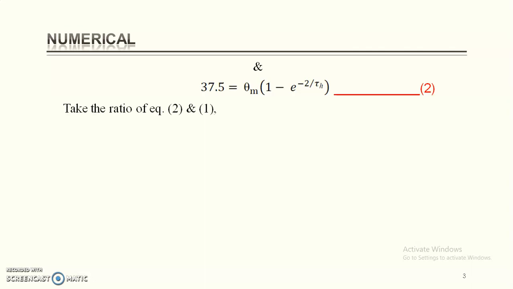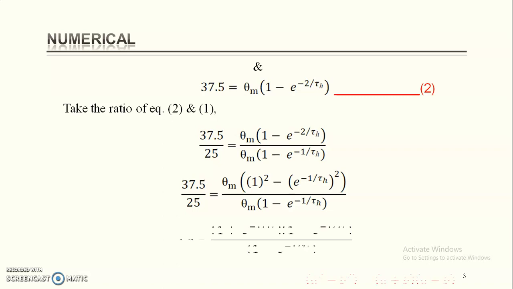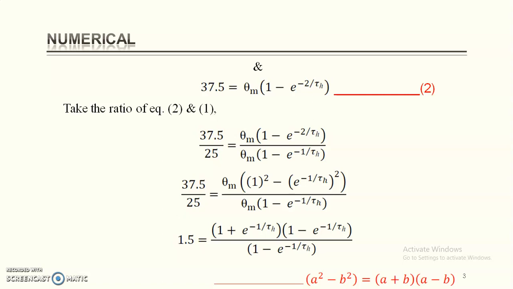By taking the ratio of equation 2 and 1 and simplifying, we can calculate theta m and tau h. By taking the ratio we cancel theta m. In the numerator, 1 minus e raised to minus 2 upon tau h, I adjust it as a square minus b square, so that a square minus b square equals a plus b into a minus b.